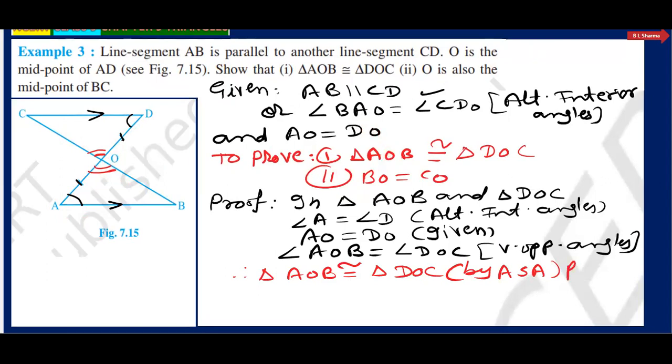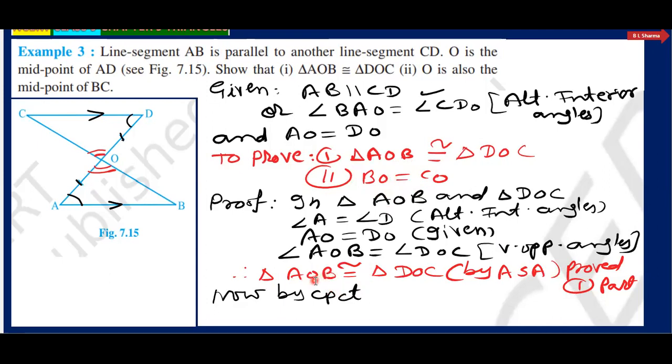So we can write here, proved first part. Further, now by simplicity, when two triangles are congruent, corresponding parts are equal. We have to prove BO is equal to CO. BO, see here, BO means this third and second.